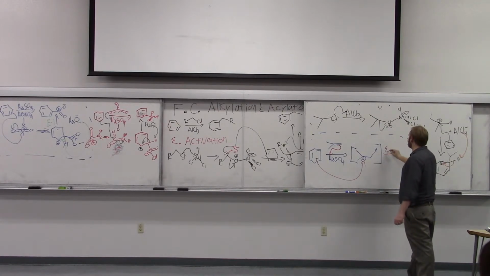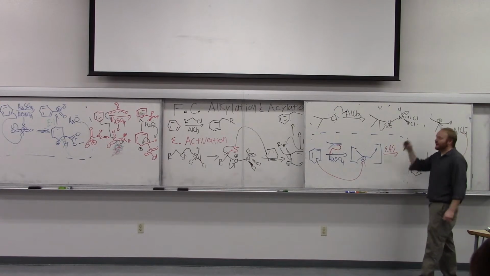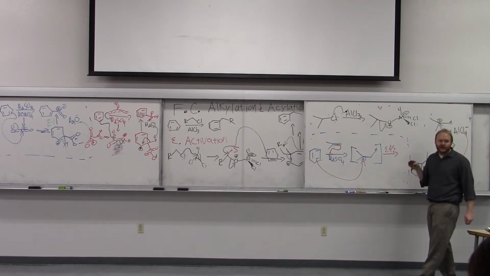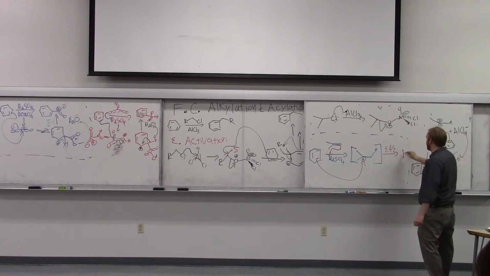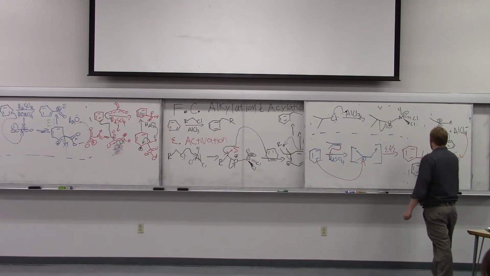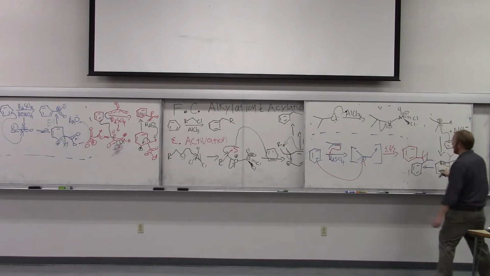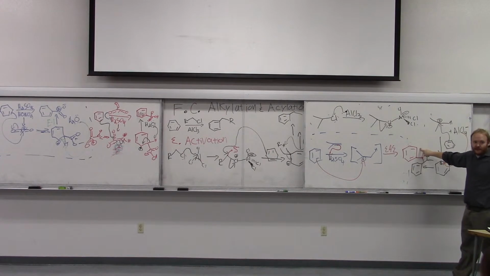We do our EAS, so the attack on the carbocation to get the intermediate, and then the rapid E1 elimination to give us the product. I won't draw it out because I've drawn it out 5 or 6 times today, and the mechanism's the same. And so then it will put our carbon with 3 methyl groups on our benzene ring.